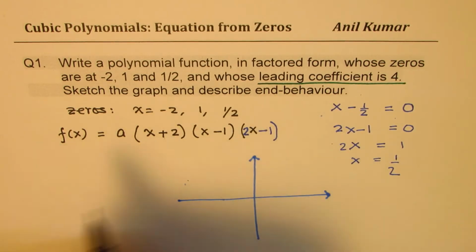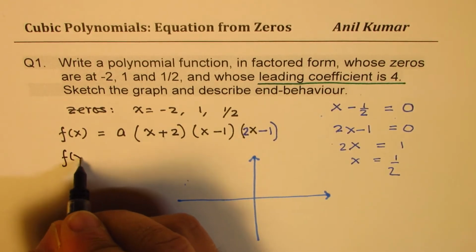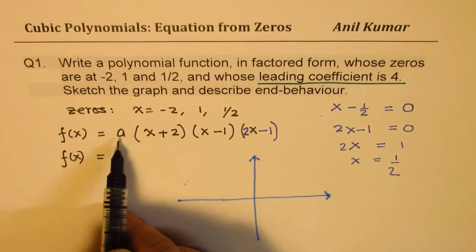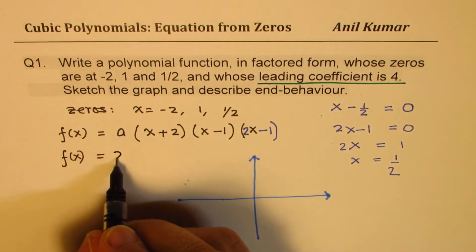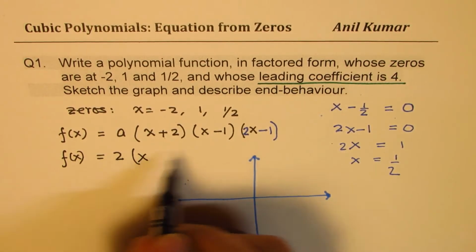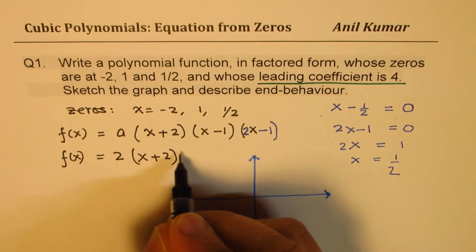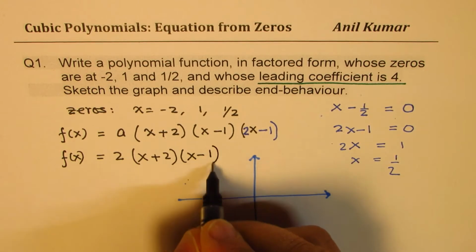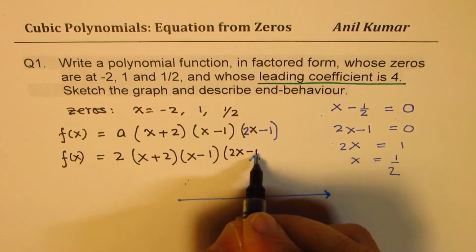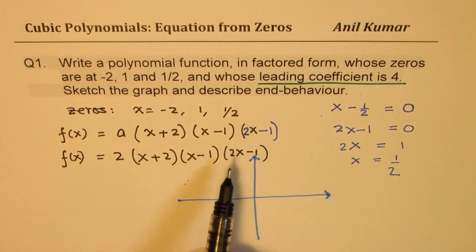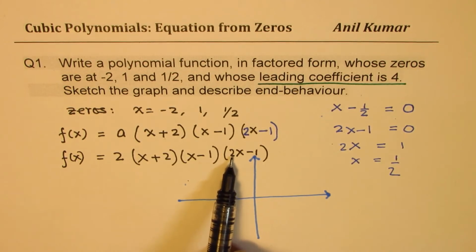Now, that is kind of very critical. So we get f of x equal to, a should be equal to 2, since 2 times 2 is going to give us 4. It's kind of tricky at this time to take it up like this, but I hope you soon get this.